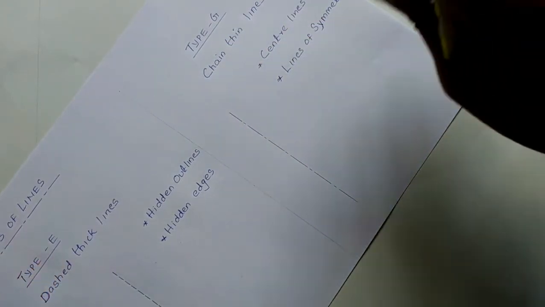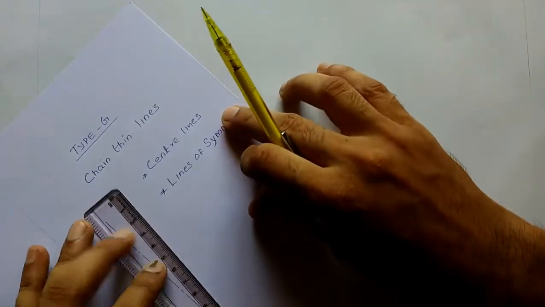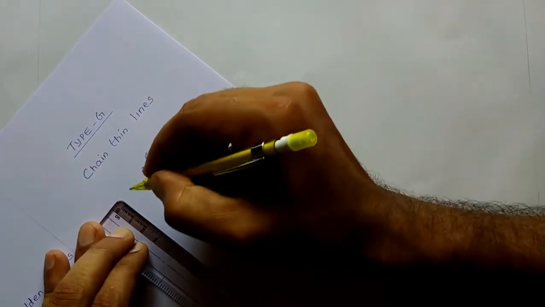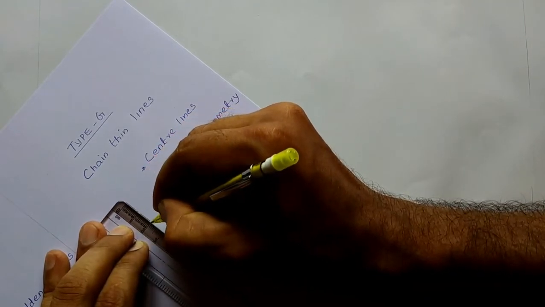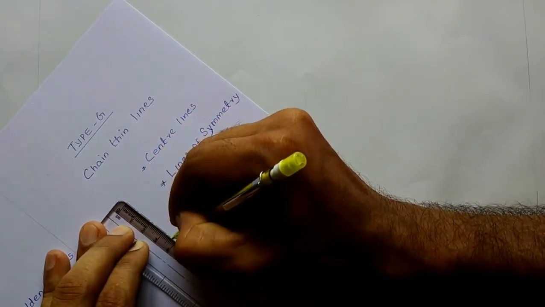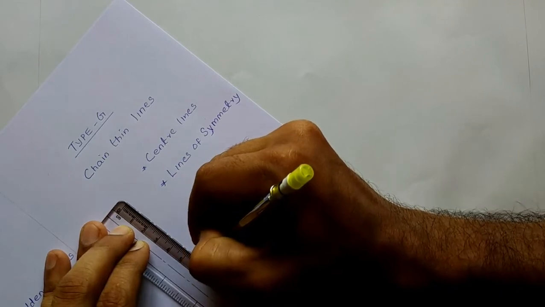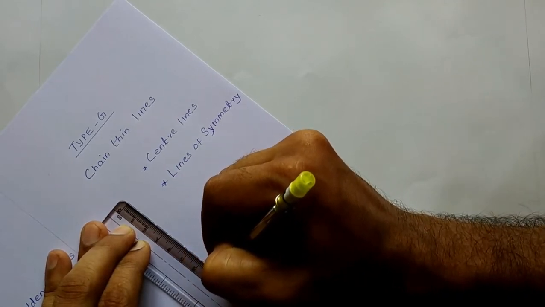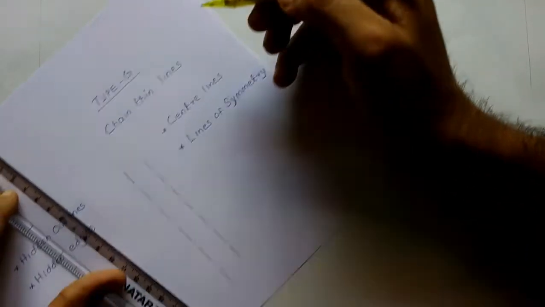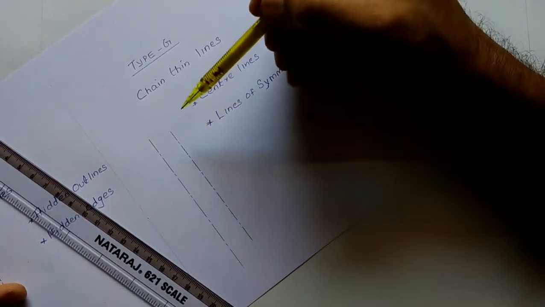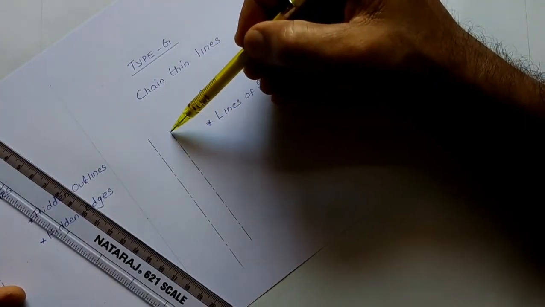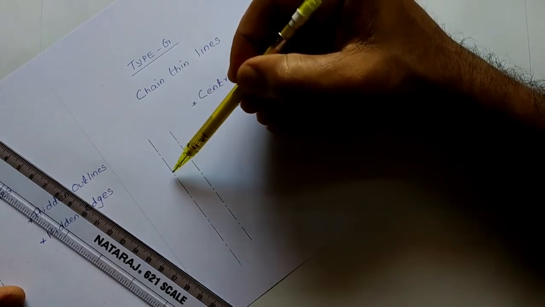We shall draw it once again. Here I have drawn another chain line. What is the difference between these two chain lines? Here the length of the bigger line I have made slightly shorter than the previous one.